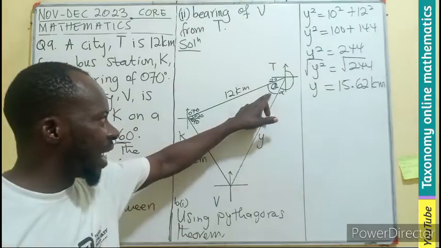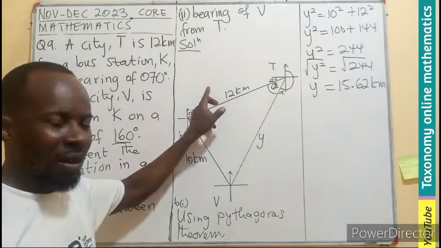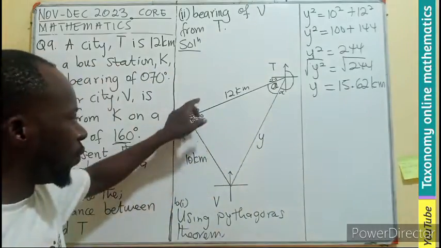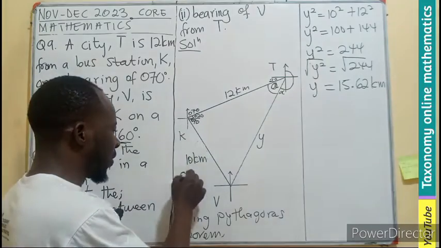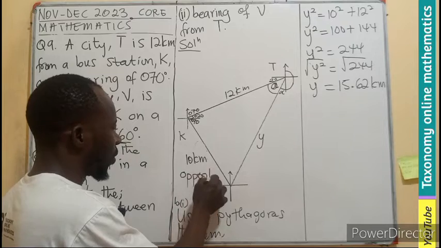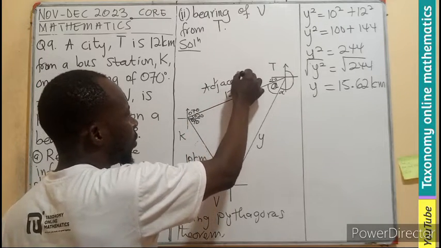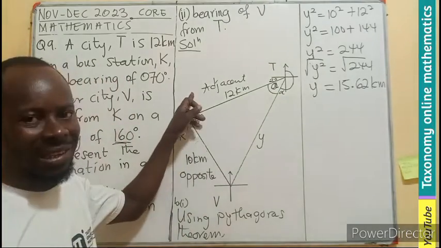You can see this theta is facing here: opposite, adjacent, hypotenuse. This is the opposite side, and this is going to be the adjacent. Which of the three ratios makes use of opposite and adjacent?